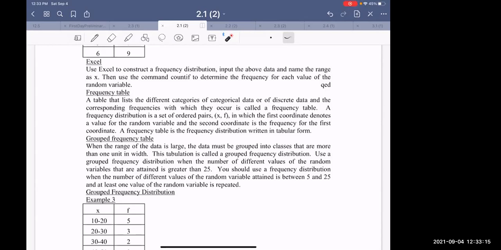Well, then your frequency distribution would have 10,000 ordered pairs in it. That's too many ordered pairs to figure out what's going on. So we use a grouped frequency table.